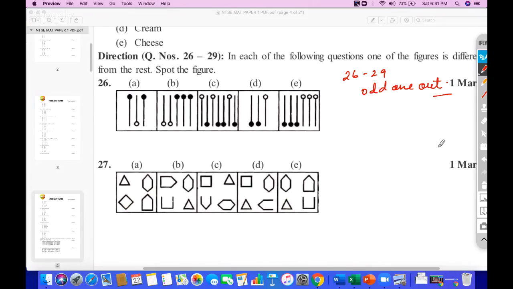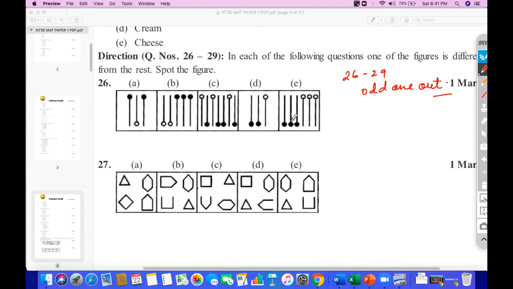Okay, the answer you have been giving me for 26 is E. Very good. 27, you have been giving me A. So 27A is also correct. So 26, why is the option E?